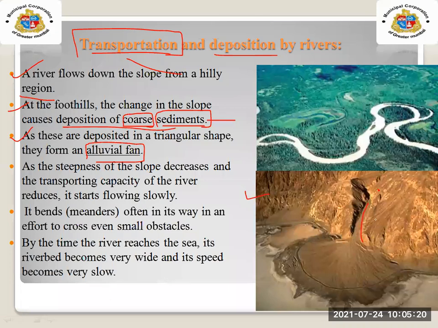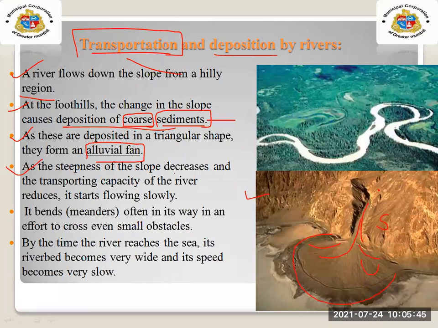At that time the speed becomes very slow, and when it becomes slow, it forms a fan shape, like a Japanese fan. So when they form a fan shape, it is known as an alluvial fan.